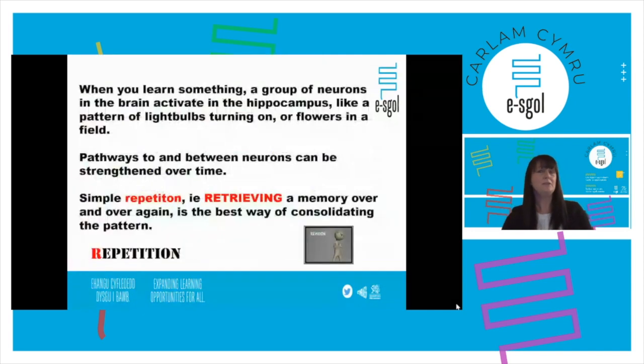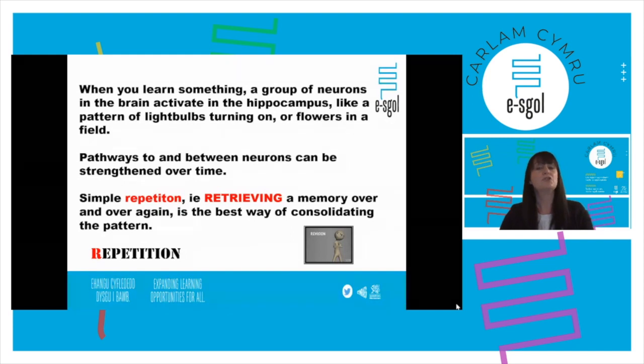So when you learn something, a group of neurons in the brain activates in what we call the hippocampus. And it's a bit like light bulbs turning on and off, like the flowers in the field that I've just shown you. So these pathways to and from the neurons, or the flowers in the field, can be strengthened over time through simple repetition, which means repeating something.